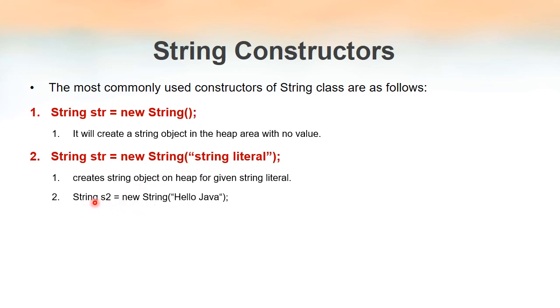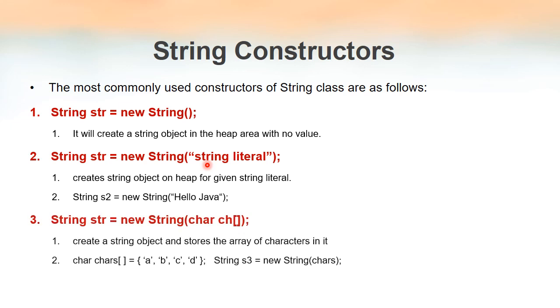For example, when we create an object s2 like this, String s2 = new String("hello Java"), a new string object named s2 will be created in the heap area and the value of that object will be hello Java. The difference between the first and second constructor is the presence of the string literal. In the case of the first constructor, the parameter list was empty, but in the case of the second constructor, there is a string literal as a parameter.